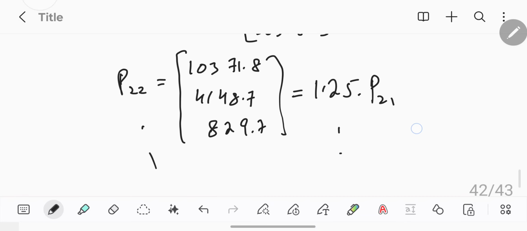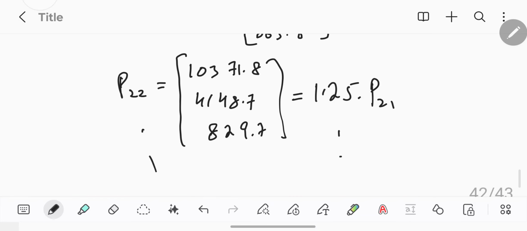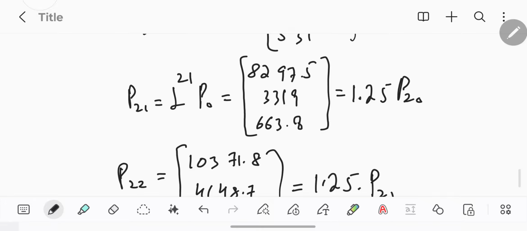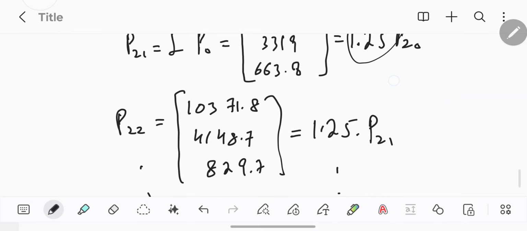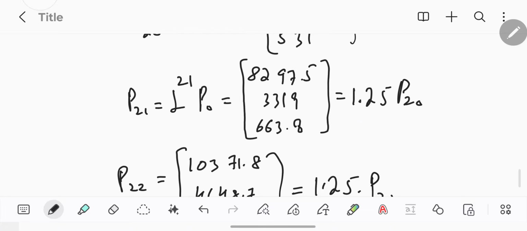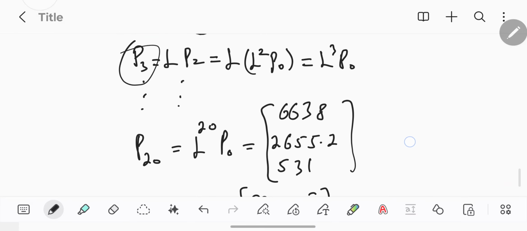And similarly, the population present in year 21 was increased again by a factor of 1.25 in year 22. So each time the population gets increased by 125%. This means 125% population is increased in the next year. But if you see, the growth factor, which is 1.25, is common in all of the next ones.